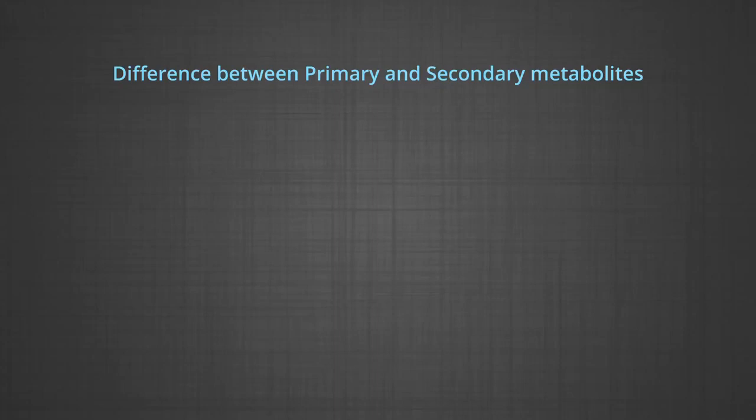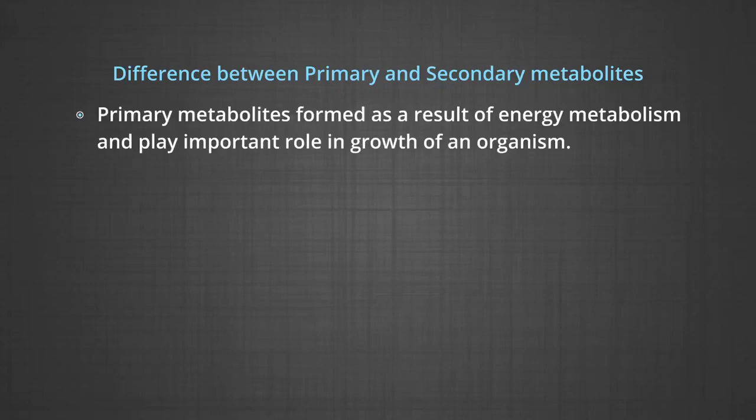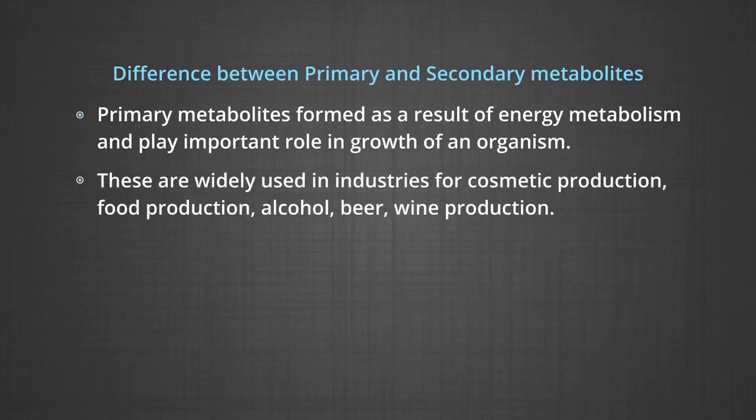The differences between primary and secondary metabolites are basically that the primary metabolites are formed as a result of energy metabolism, and they play an important role in growth of an organism. These are widely used in industries for cosmetic production, food production, alcohol, beer, wine production.